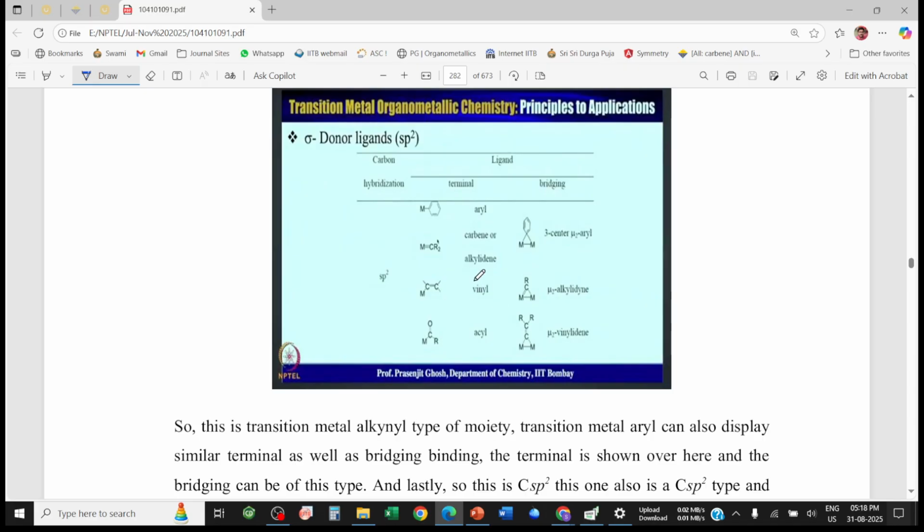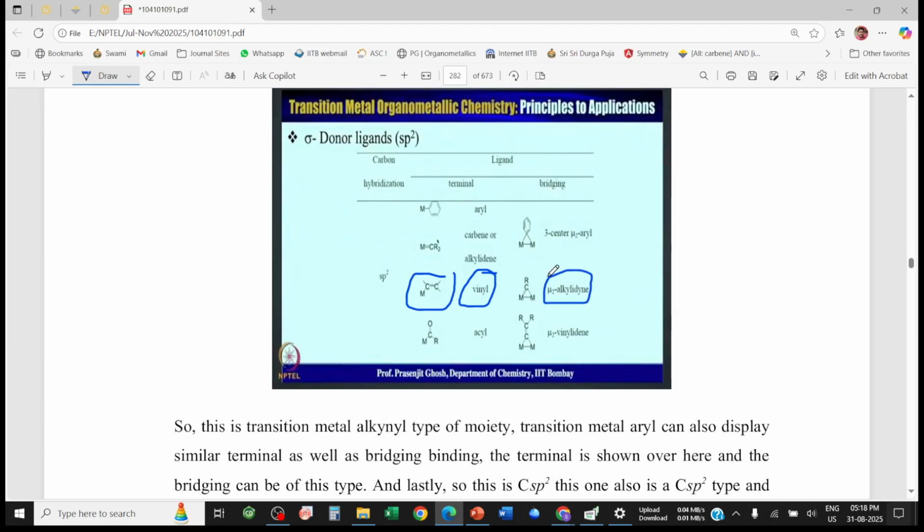So here you can see that the metal is attached to a carbon which is double bonded, we call it vinyl. But when this carbon is attached to a metal and another is doubly bonded, we call it mu2 alkylidene.